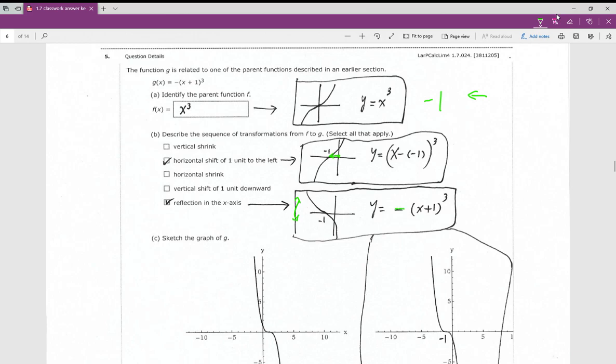So that's how you answer this question. And when you understand the whole transformation, we make the graph at the same time. So what's the right graph? The last one. The x-intercept needs to be -1, so you have -1 here, and one up, one down.